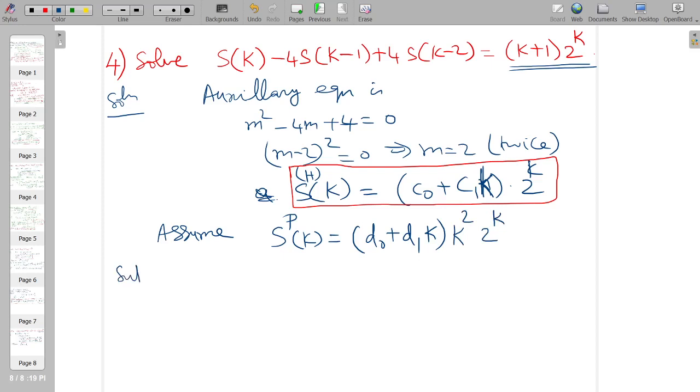So now I substitute it in the given recurrence relation.